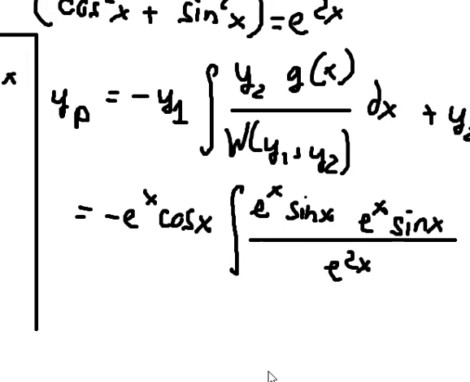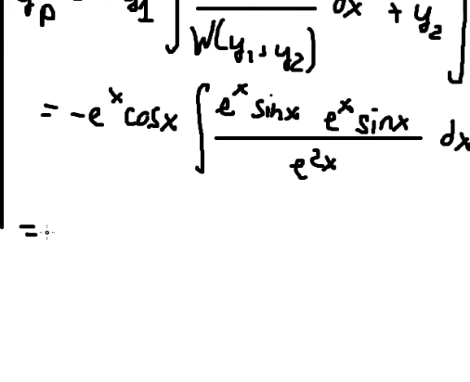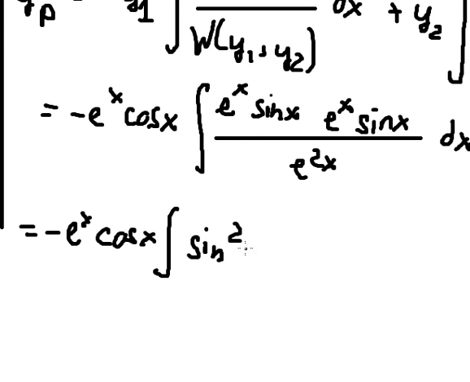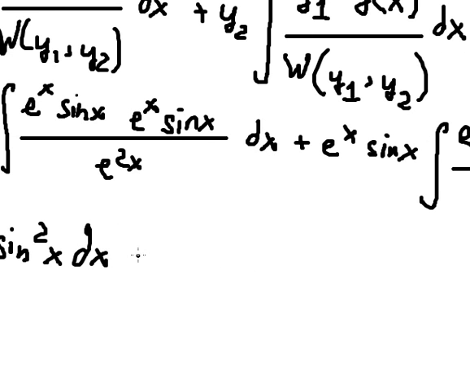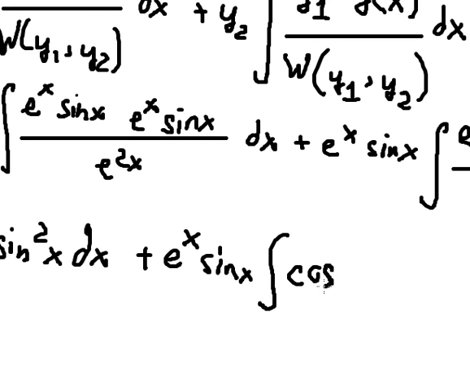Now we need to simplify. This one we have sin s squared ds, and the second one is cosine s sin s ds.